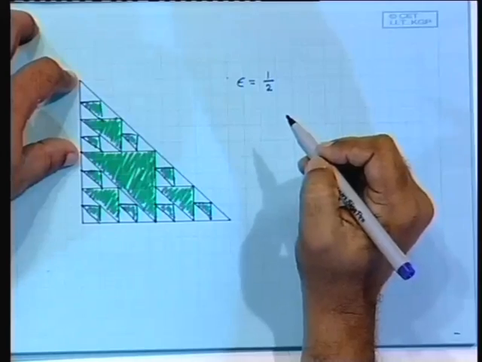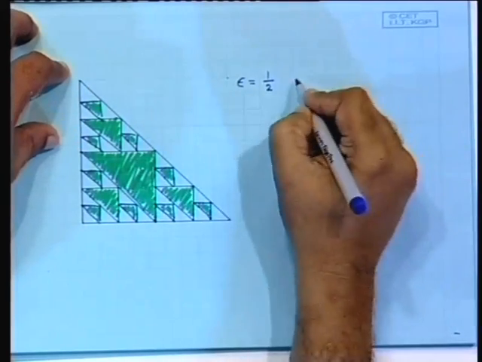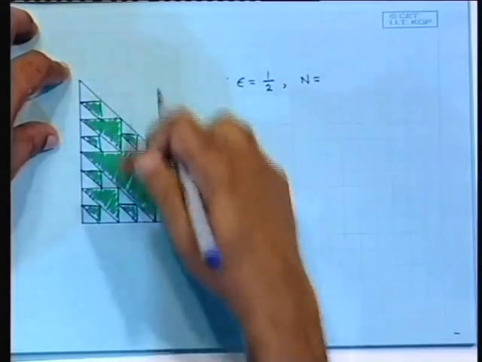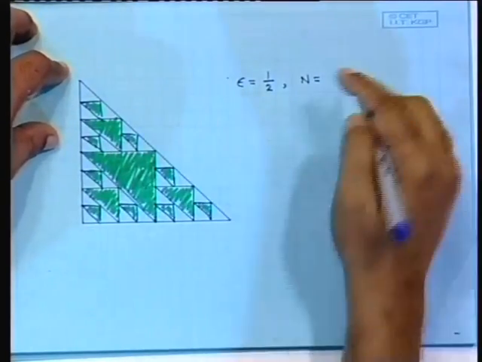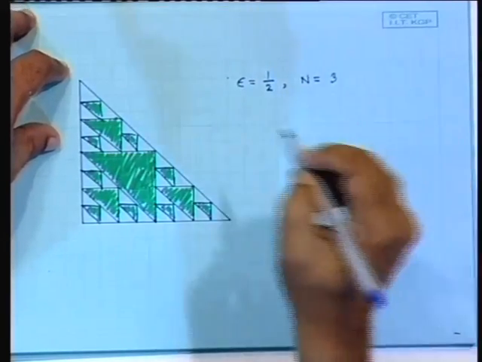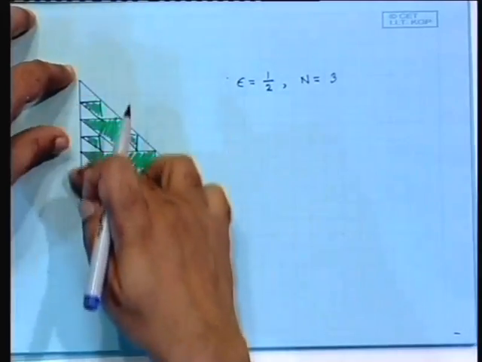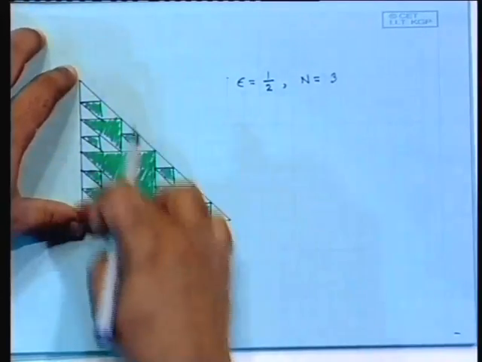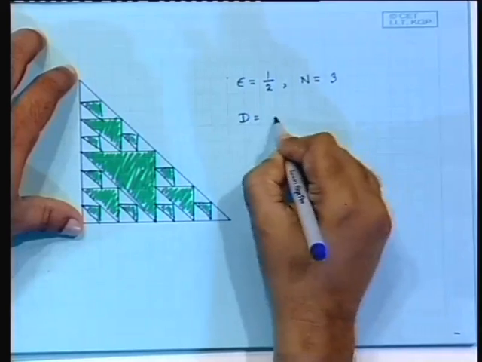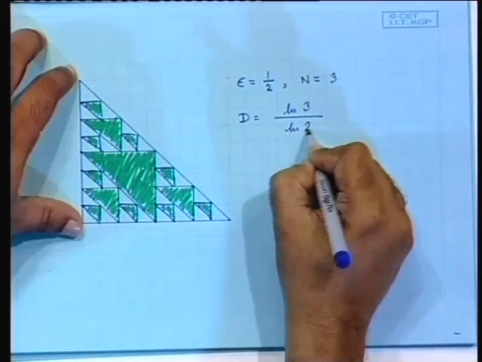Okay. And now at this stage, how many of these are necessary to cover this object? N is 1, 2 and 3. So, 3, right. So, at this stage, when we have subdivided the embedding space into these bigger triangles, then your D is ln 3 by ln 2.